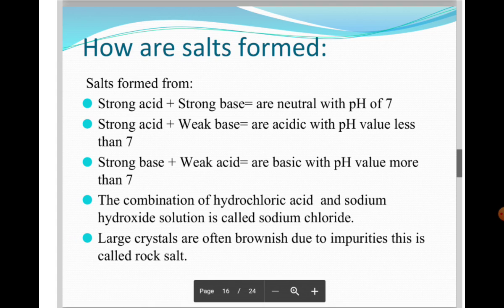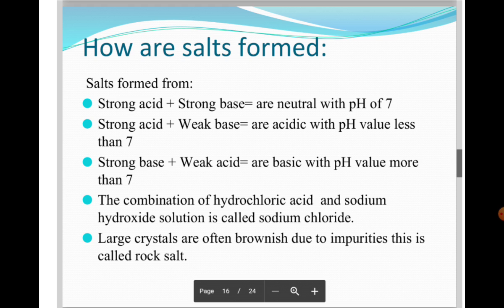Next, how are salts formed? Salts formed from a strong acid plus a strong base are neutral, with pH of 7. Salts formed from a strong acid plus a weak base are acidic, with pH value less than 7.